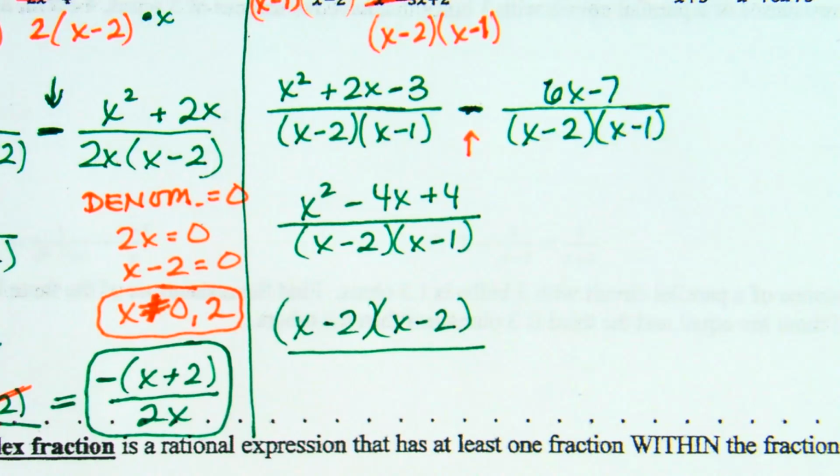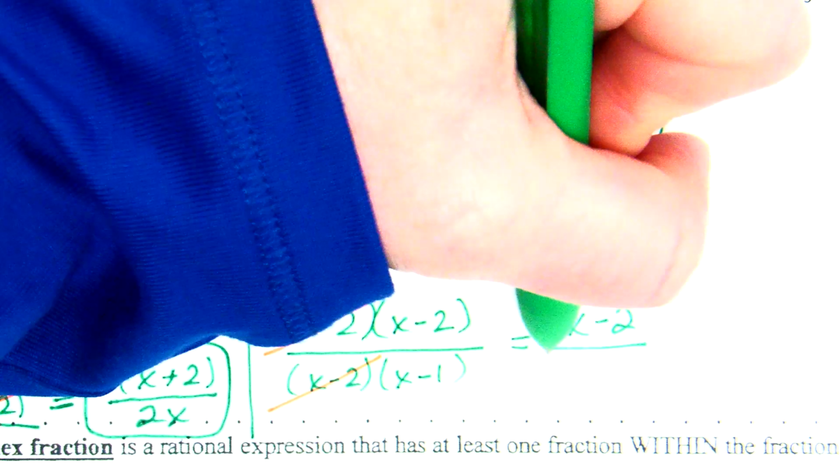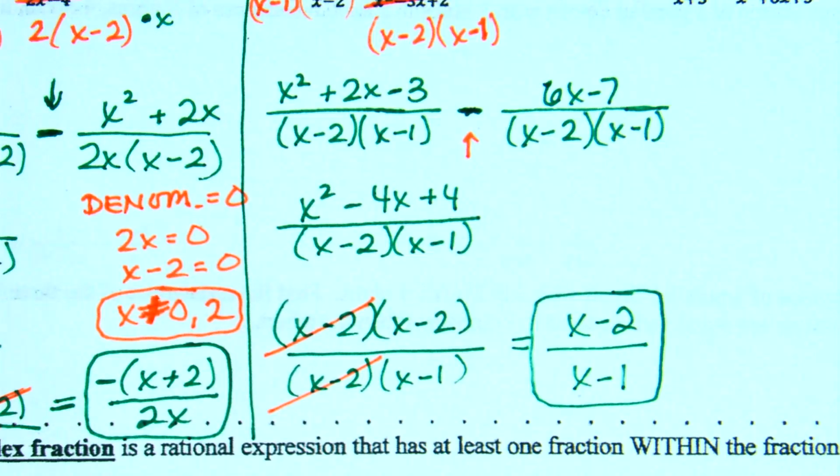Denominator was already x minus 2 and x minus 1. What just so happens? x minus 2's cancel. I'm left with x minus 2 over x minus 1.